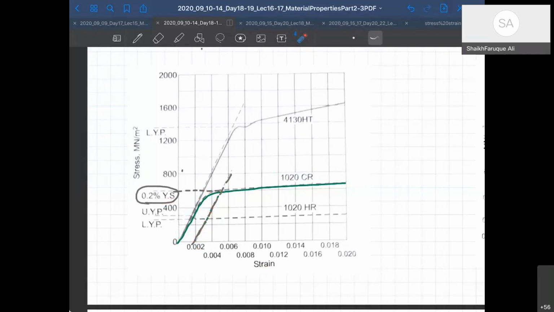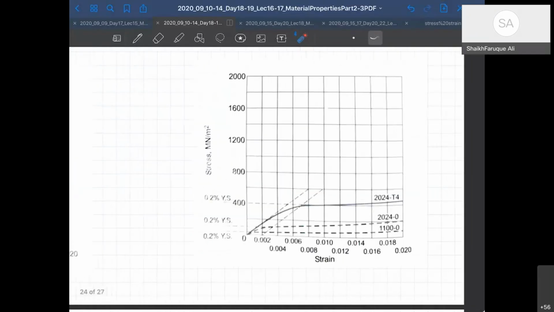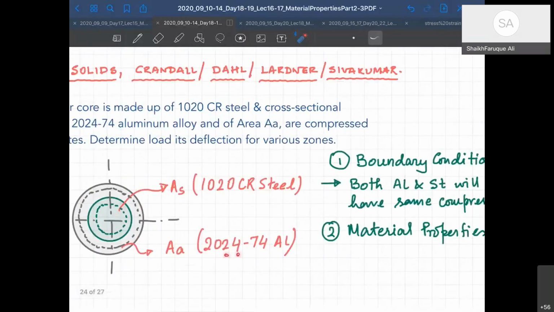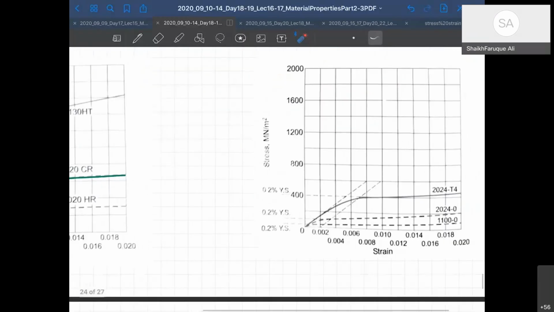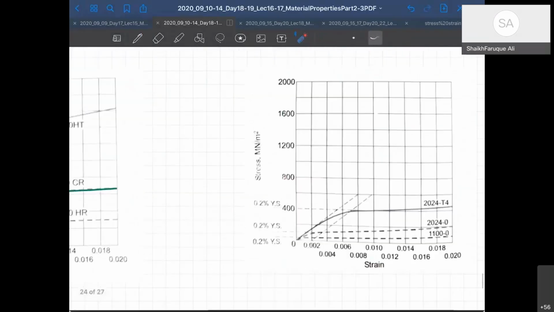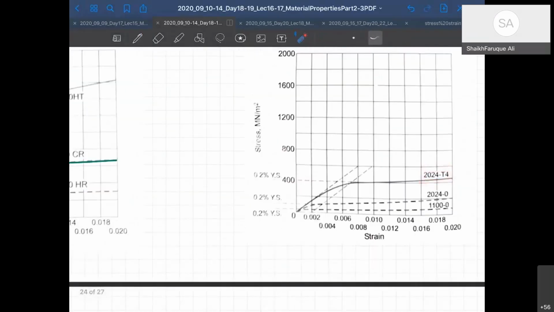Same thing, we come to this material. We have been asked for 2024 T4, right? This material, 2024 AL. So 2024, not 74, it's T4. Okay, so this is the material that we're looking at, and that's the curve.